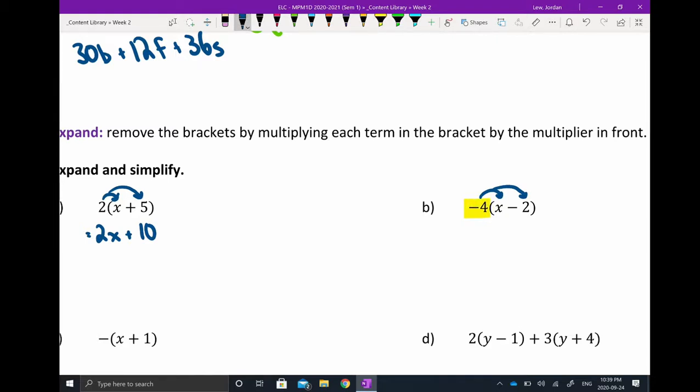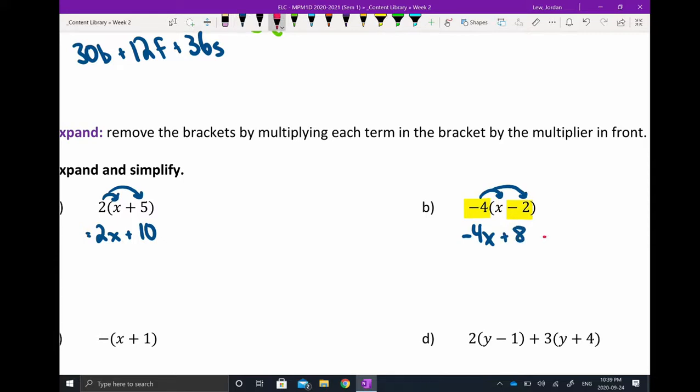So in this case, it's a negative 4, so I need to be multiplying everything by negative 4. So negative 4 times x is negative 4x. And here, negative 4 times negative 2 gives positive 8.